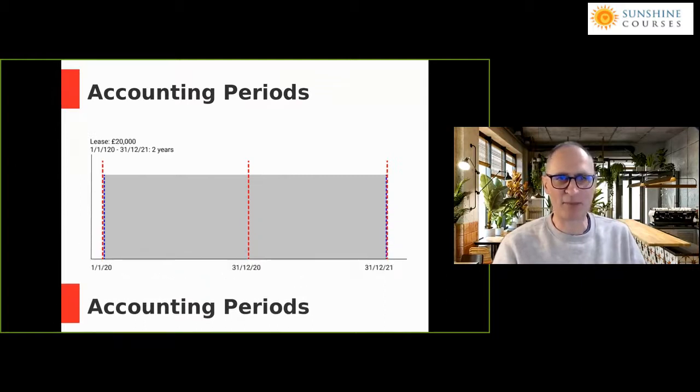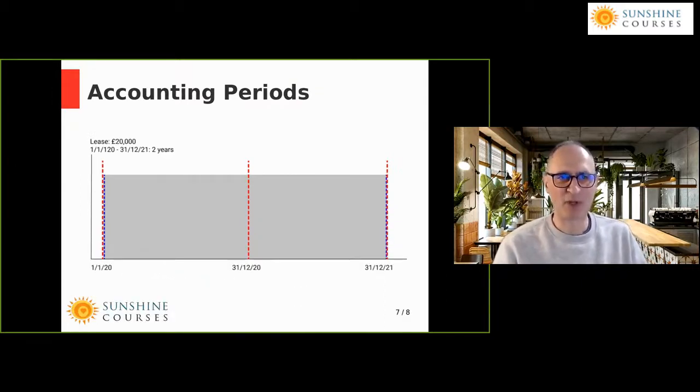And the final example I wanted to show you is a lease, which we paid out all of the money on the 1st of January 2020. So it was actually quite a long time ago, but the lease for £20,000 covered a 2-year period. So can you see the grey box has now been split over the whole of the 2 years?